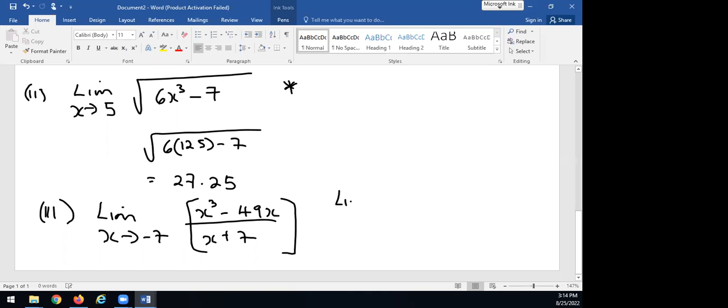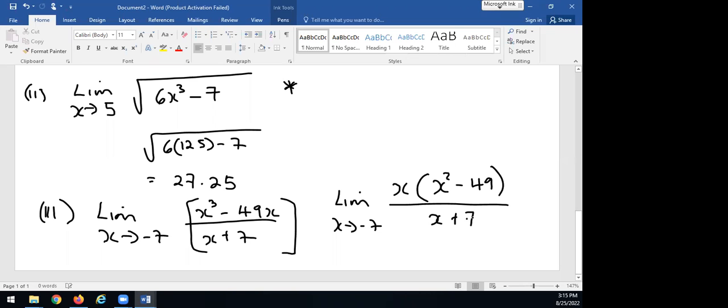So this would be the same as the limit as x approaches -7. If I factor out x from the top, what's left? x squared minus 49. And then we still have it over x plus 7. Now, can we factor x squared minus 49? Yes, x plus 7 and x minus 7. Right, difference of two squares. Good.